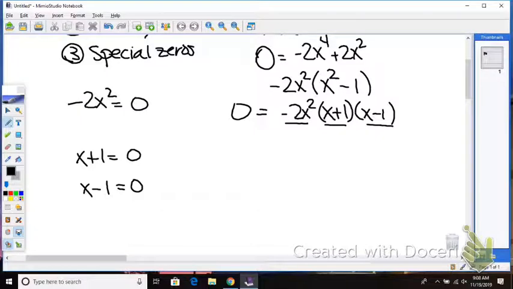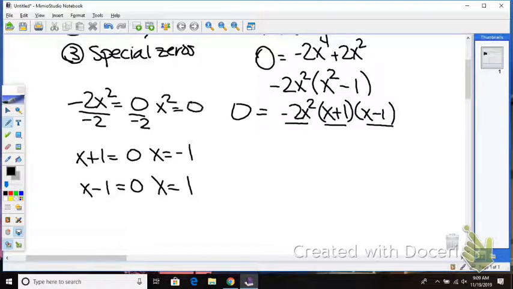So I'm finding my x-intercepts. Let's start with these bottom two because they're the easy ones. This is a special one. So here I subtract my 1 over. So my first 0 I have is x equals negative 1. Then I have x equals 1. And this one, I divide by negative 2, so I get x squared equals 0.